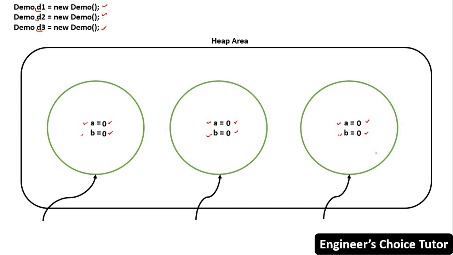And then what will happen here? The references are D1, D2 and D3. These are the references for these created objects in the heap area. So I hope this is now clear to you. Now tell me, is this object making any sense?